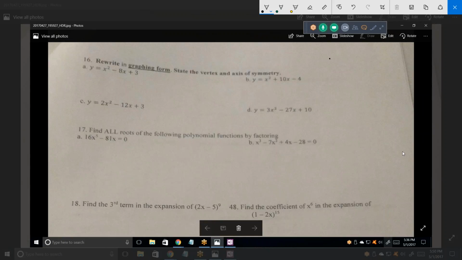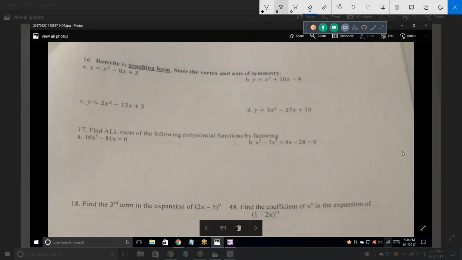Well, the first 2 coefficients are 1 and minus 7. Is that the same ratio as 4 to minus 28? And the answer is yes. So as long as those coefficients are the same fraction, the same ratio, then you can group it.